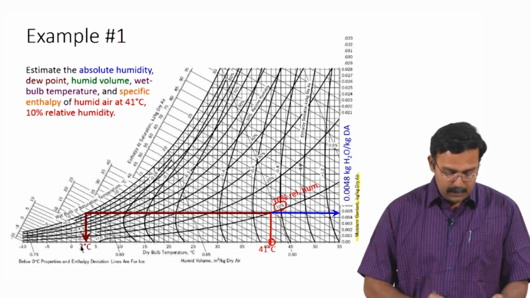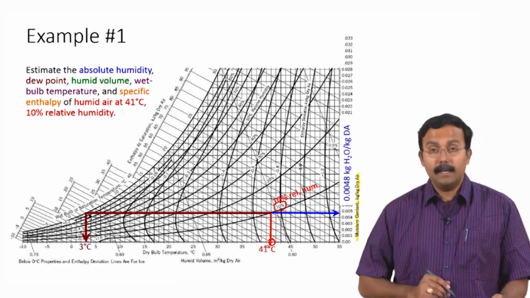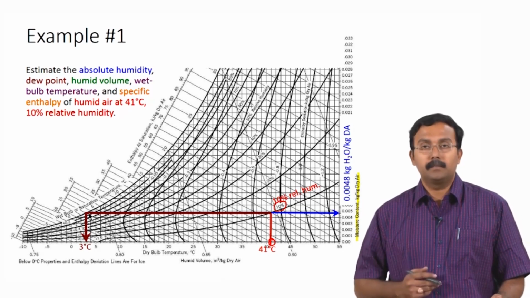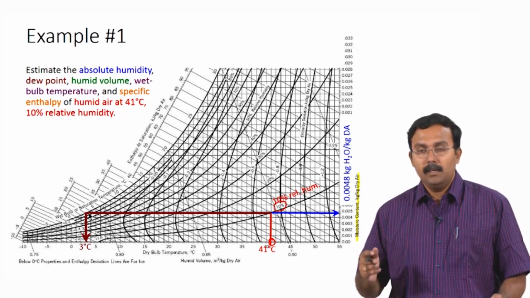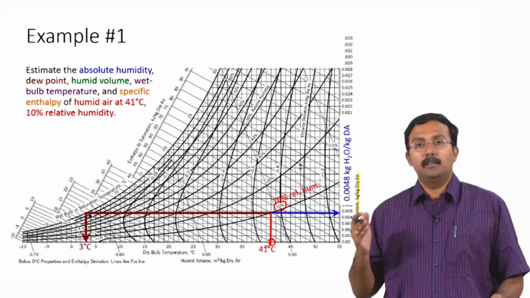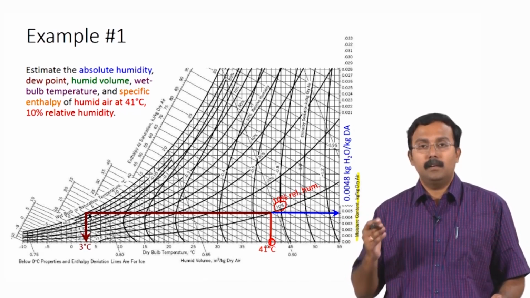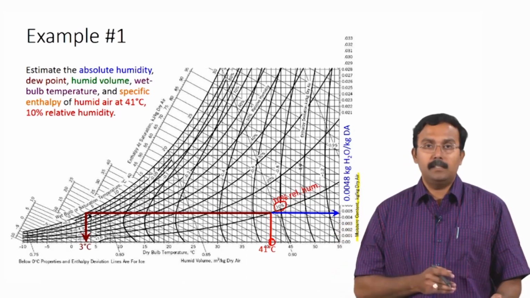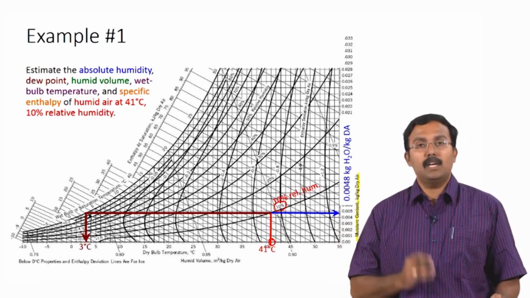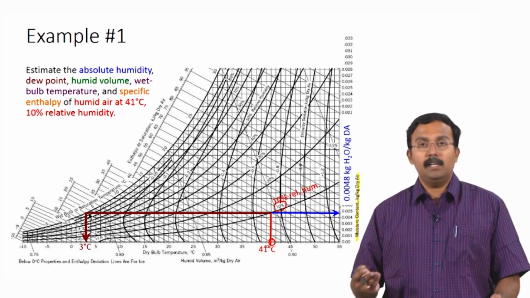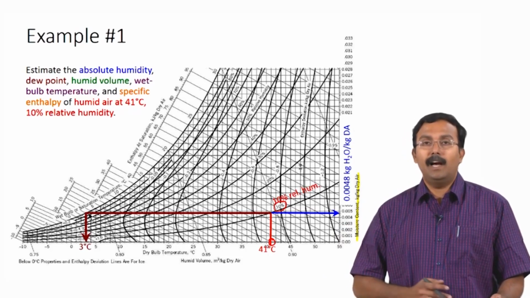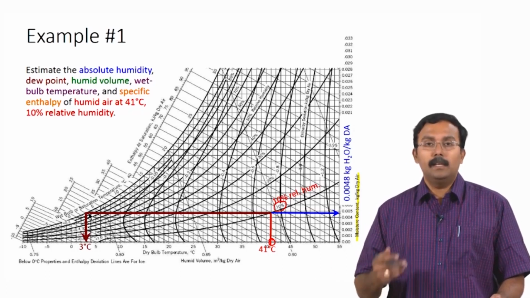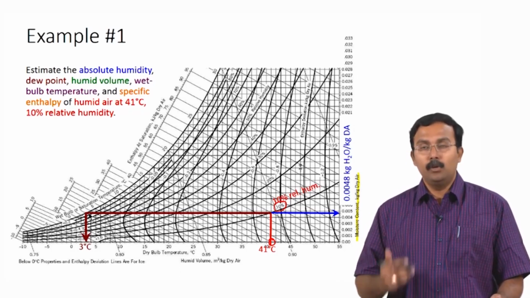That would be the dew point for this particular mixture. As you see, you have to cool the 41 degrees Celsius, 10% relative humidity air all the way to 3 degrees Celsius for the first dew to start forming. If the relative humidity were higher, the dew point would also be higher.